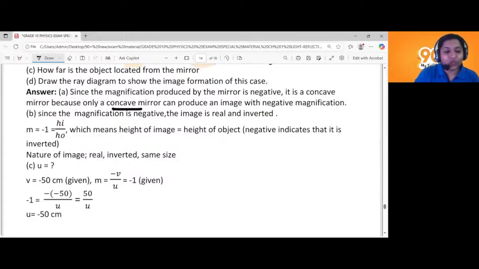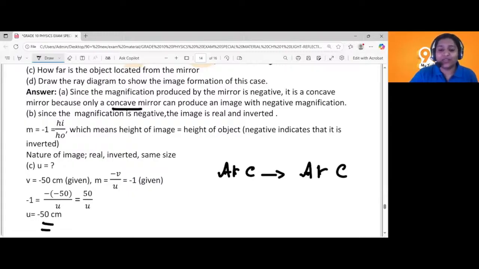We will get that U is also -50. Otherwise, we can write that when you keep an object at C, we will get the image at C only. So the distance of the object from the mirror is equal to the distance of the image from the mirror. Otherwise, you can just show a ray diagram also. But this method is also correct.